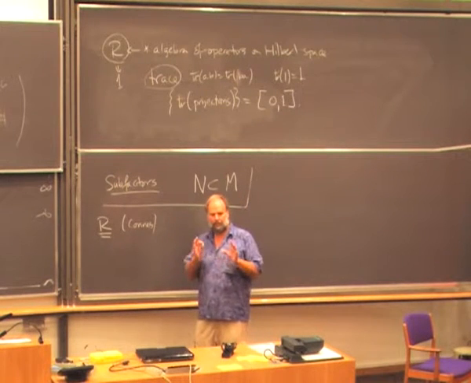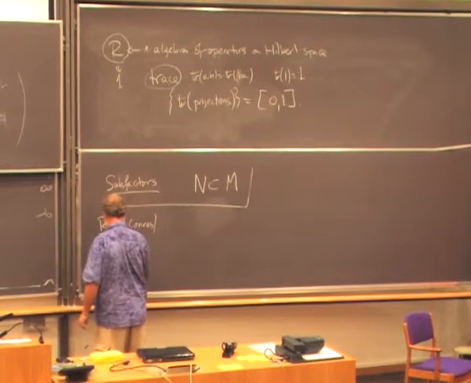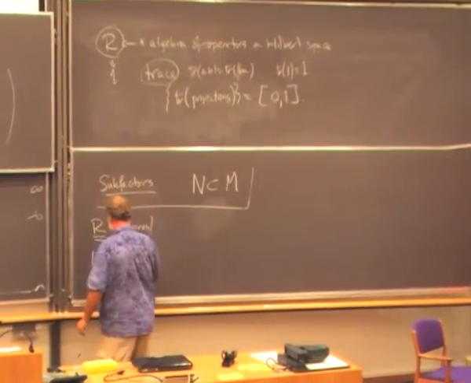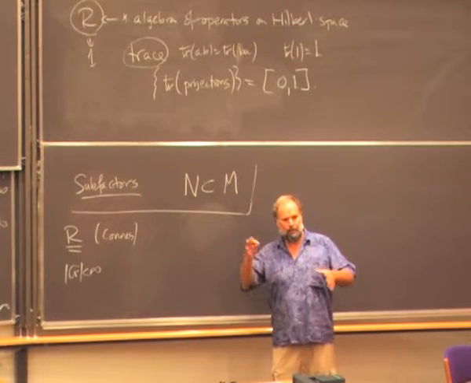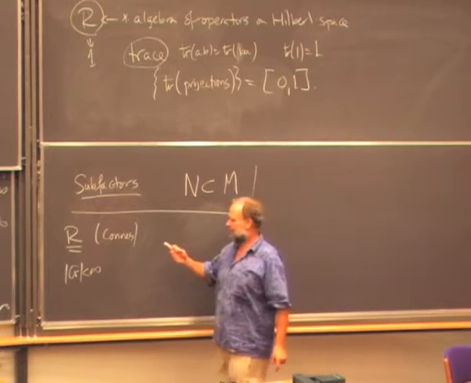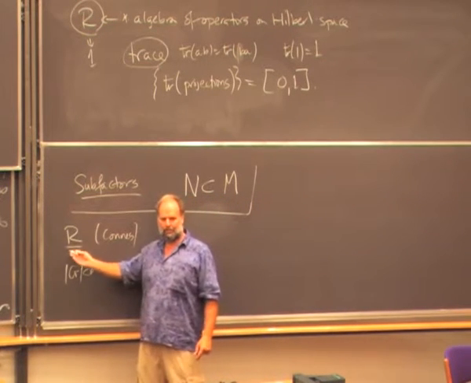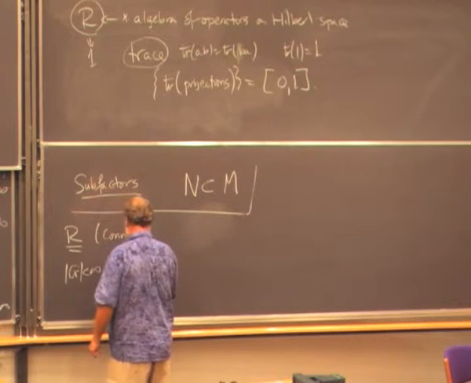And the result is the following. If you have a finite group, so the stuff of Galois theory, then up to conjugacy by automorphisms, in other words, up to just a coordinate change, there's a unique way in which this group acts on the hyperfinite 2-1 factor. Acts in a unique way.